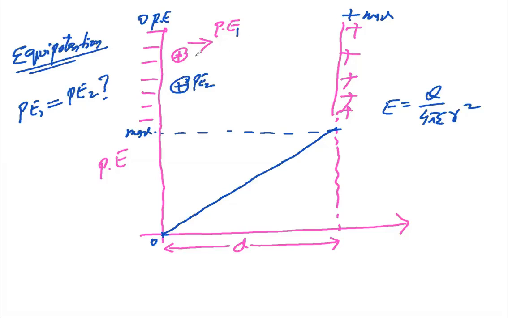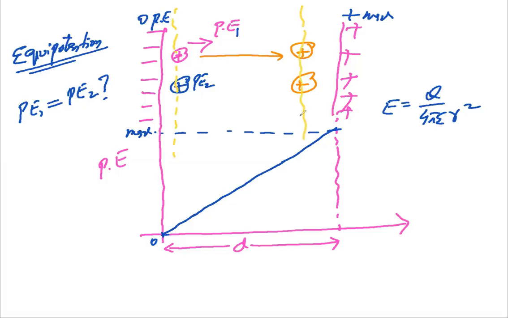If I do more work on this charge and bring that charge over here, and also bring this charge over here, then still the potential energy of this charge will be equal to the potential energy of this charge. So you can say that these are the equipotential lines.